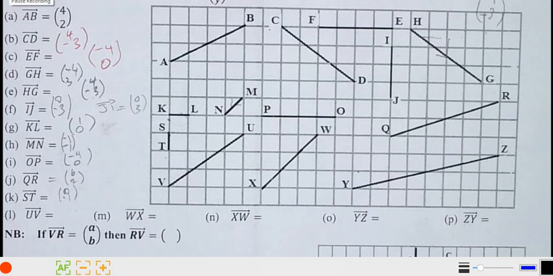Alright. What about UV now? We're going from U to V. Alright. So Pierre said -4, -3. Everybody agree with that?